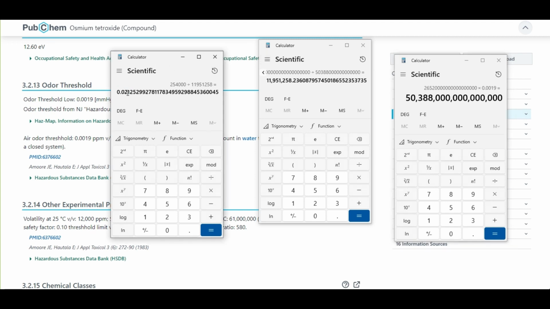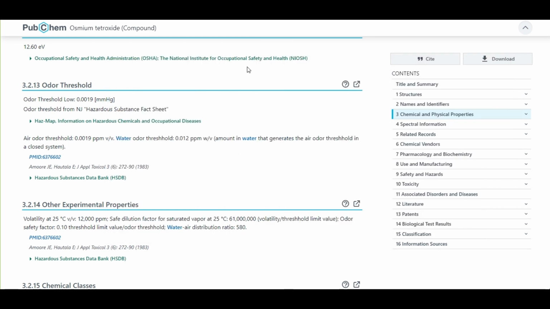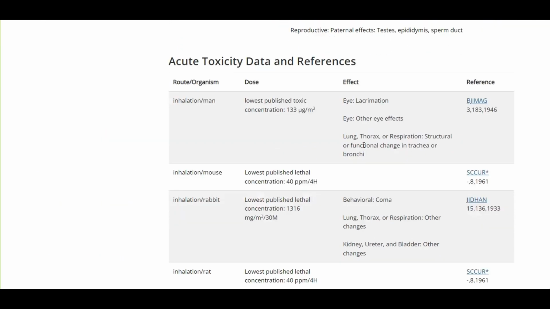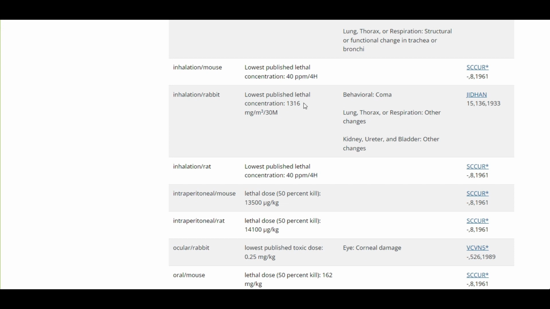Now this number may or may not be important to the rest of the stuff that we're going to be looking at today. So now we're going to go here. And see this stuff right here? This is the unit that we want.